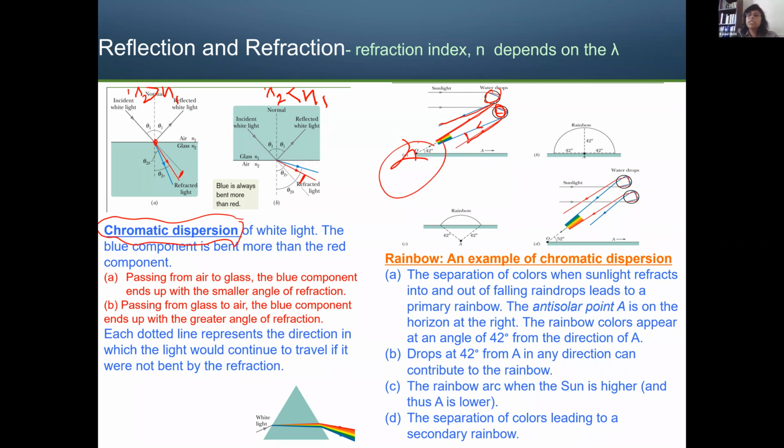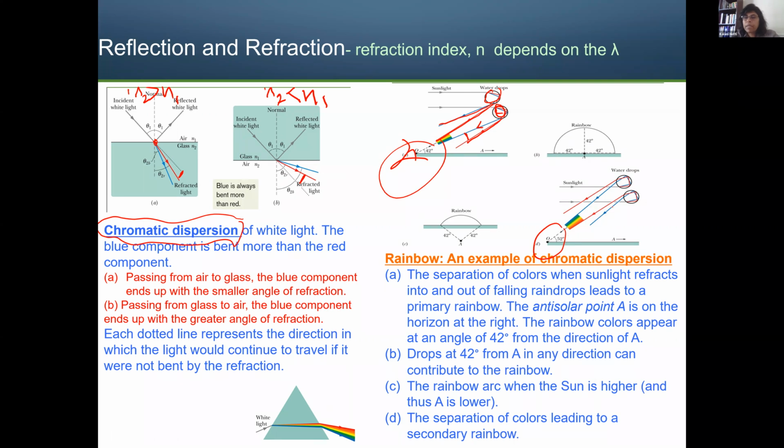But do you ever see the secondary rainbow? You definitely will see lower intensity, because the first one is more intense than the second one, but it is still possible. Around 52 degrees, you're going to see a secondary spectrum, and it is very important that in the secondary spectrum, you're going to see the opposite colors. Next time, watch when you see the secondary spectrum.